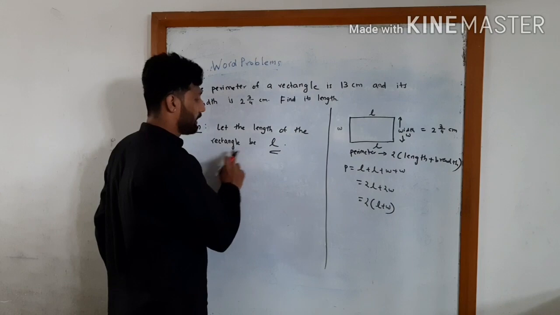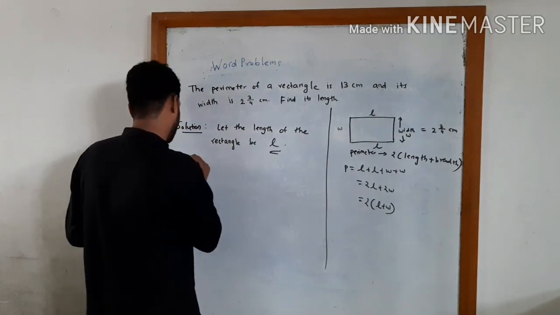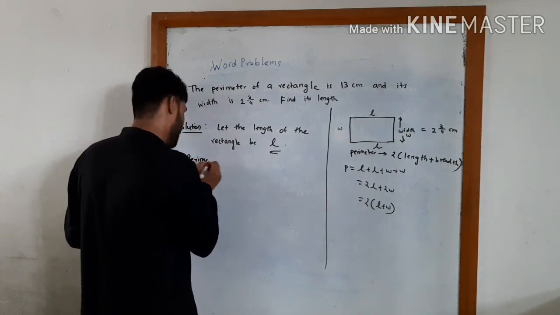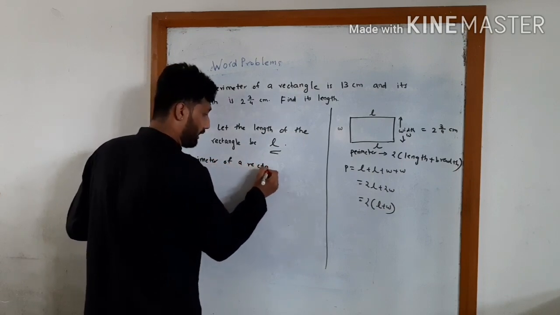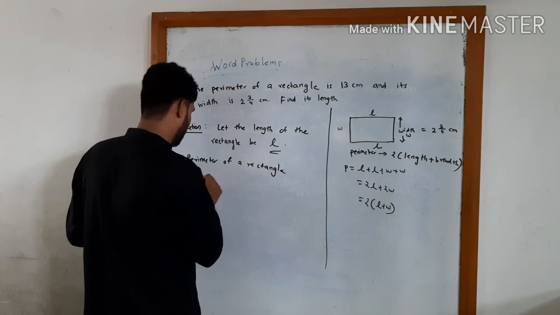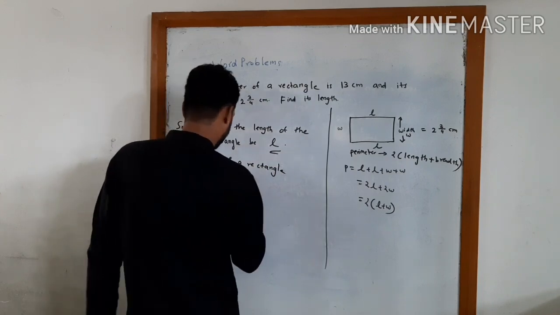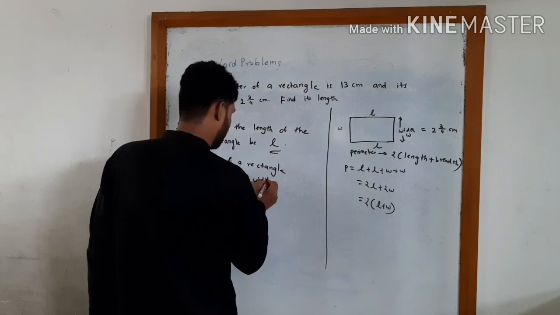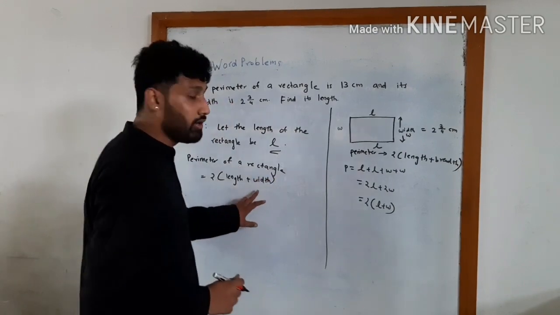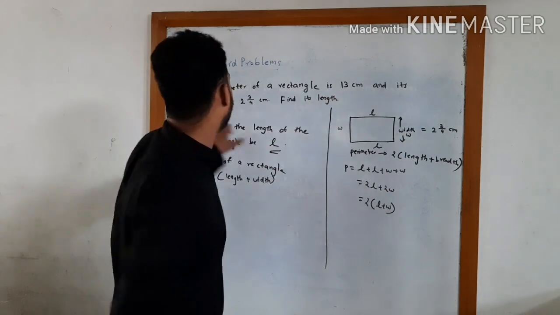Let the length of the rectangle be L. Perimeter of a rectangle is 2 multiplied by length plus width. See, I am using the word width here because the question says width.